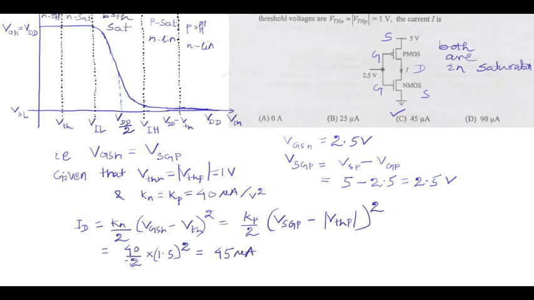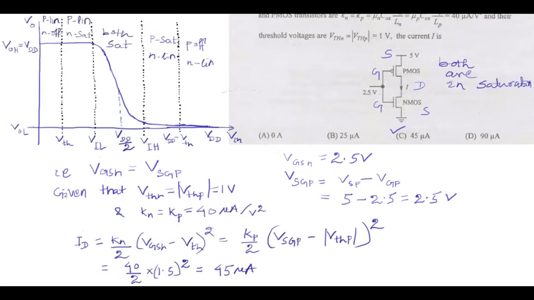Kn is given 40, so 40 by 2 into VGS is 2.5 volt and VTH is 1 volt. 2.5 minus 1 volt is 1.5 square. By solving this, we will get 45 microampere. So the correct option is option C.